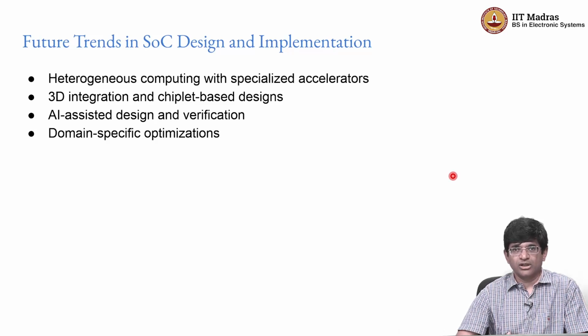One of them is heterogeneous computing, and this is already a very important aspect of how computing happens today, because as you saw in the structure of a typical SoC, we have a CPU, a GPU, a neural processing unit, custom built image signal processors, digital signal processors and so on. But there will also be more specialized accelerators, perhaps for AI/ML applications, perhaps for something else.